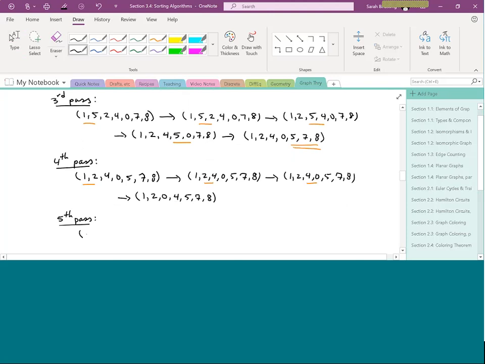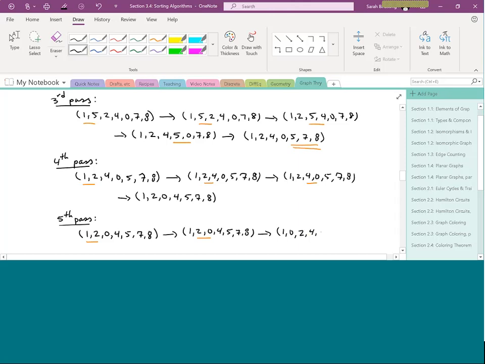5th pass. 5th pass takes the sequence that we just found and looks at some comparisons. So if we look at the first two terms, 1 and 2 are in correct order. 1 is smaller than 2, so no change there whatsoever. Then the next two consecutive terms are 2 and 0. Well, that's going to swap because 2 is bigger than 0.